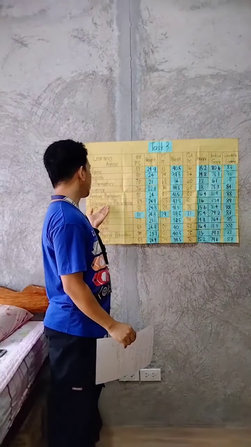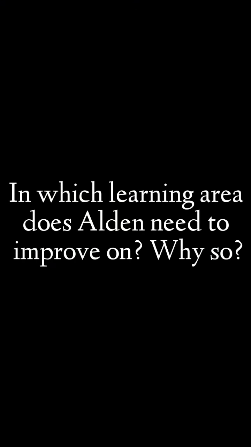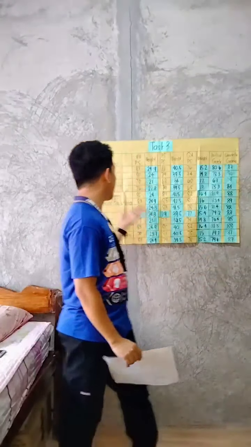Alden's best performance during the first quarter is Edukasyon sa Pagpapakatao or ESP with a grade of 89%. The learning area where Alden needs improvement is mathematics with a grade of 79%.